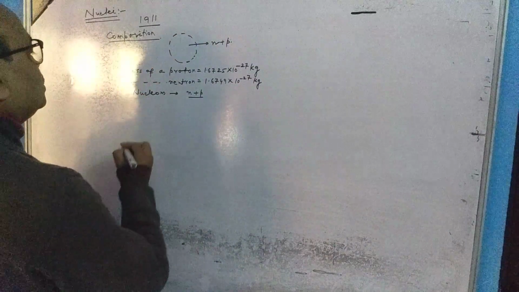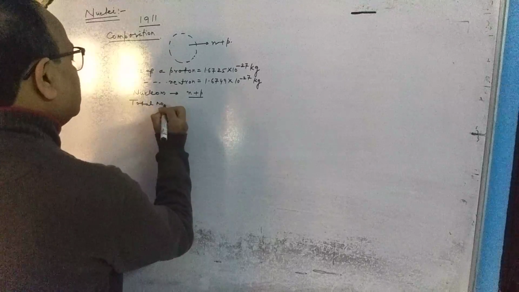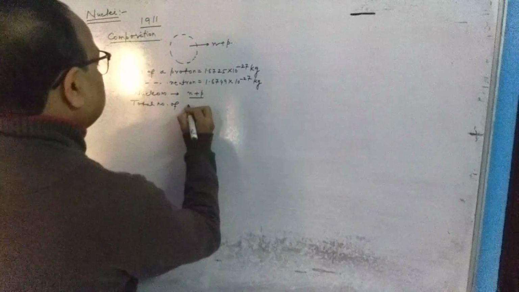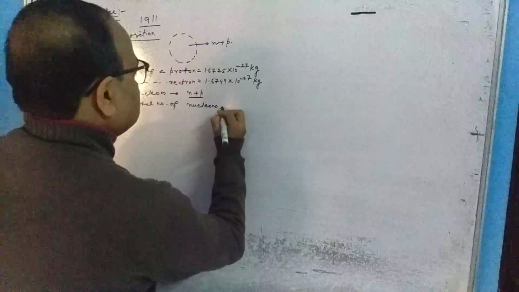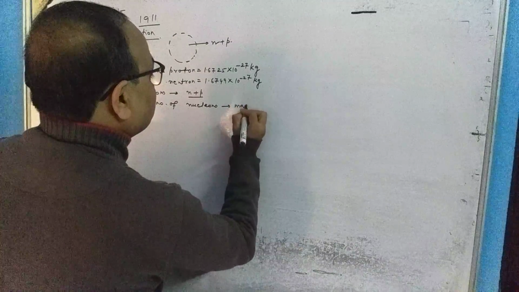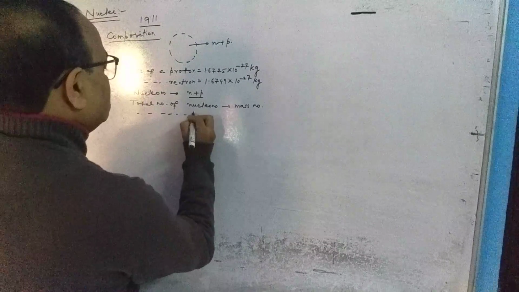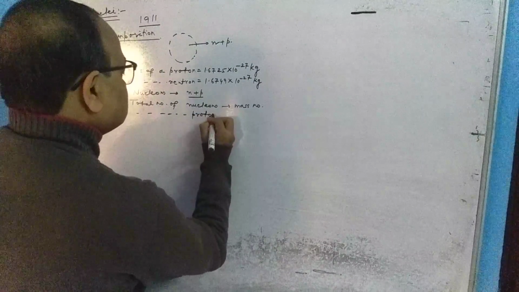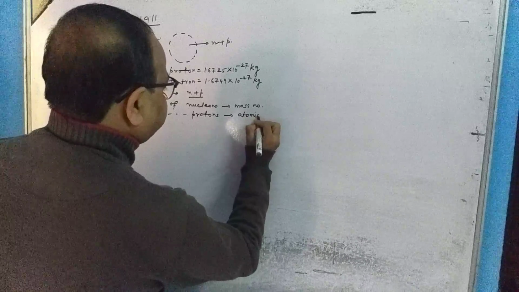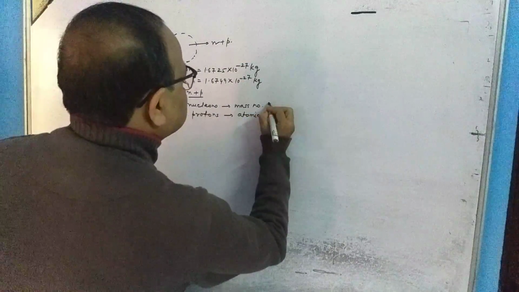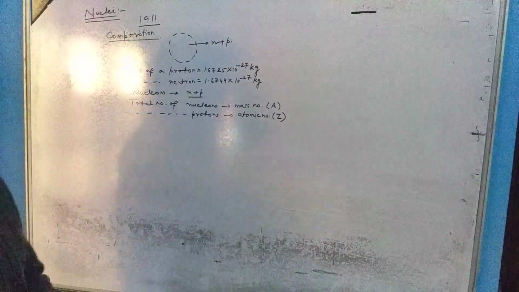The total number of nucleons is called the mass number, whereas the total number of protons is known as the atomic number. Mass number is represented by capital A, atomic number is represented by capital Z.